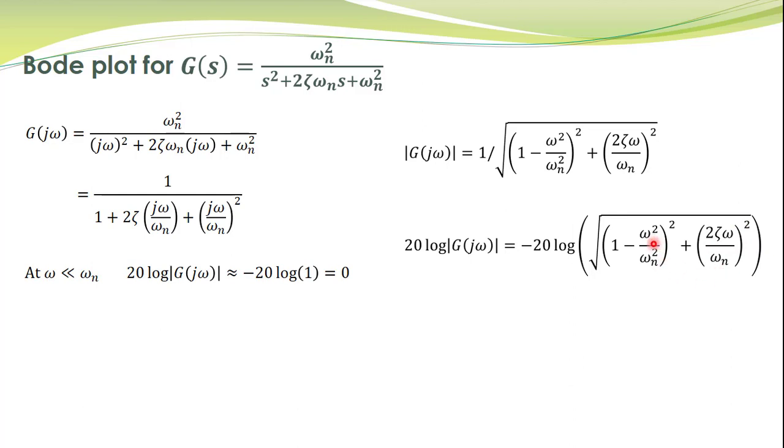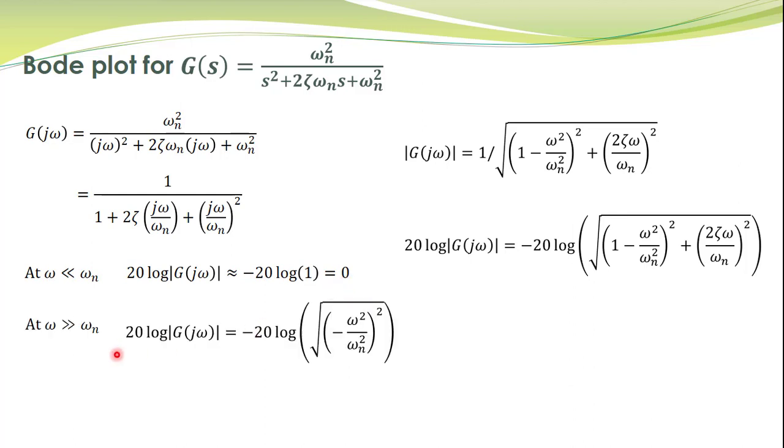Likewise, this omega to the power 4 over omega n to the power 4 will be much smaller. We can ignore this term as well as this term over here, and hence we have minus 20 log of 1, which is equal to 0. So at low frequencies the magnitude response is equal to 0 dBs.